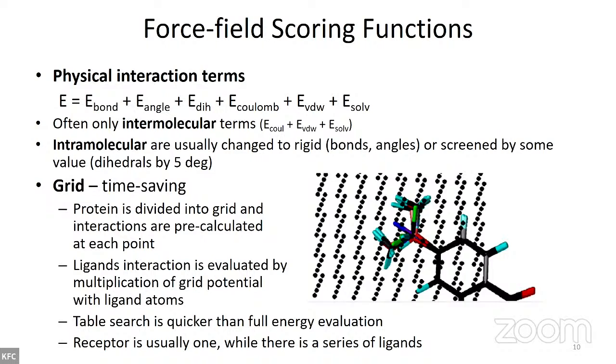And then we are calculating only the intermolecular interaction terms. The dihedrals, we usually count only within some range of degrees, not specific values. And then we do another speed-up, and that speed-up is using a grid.